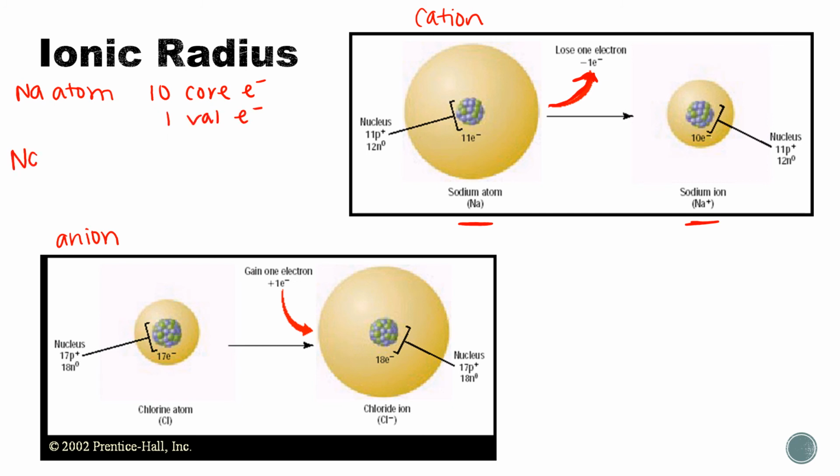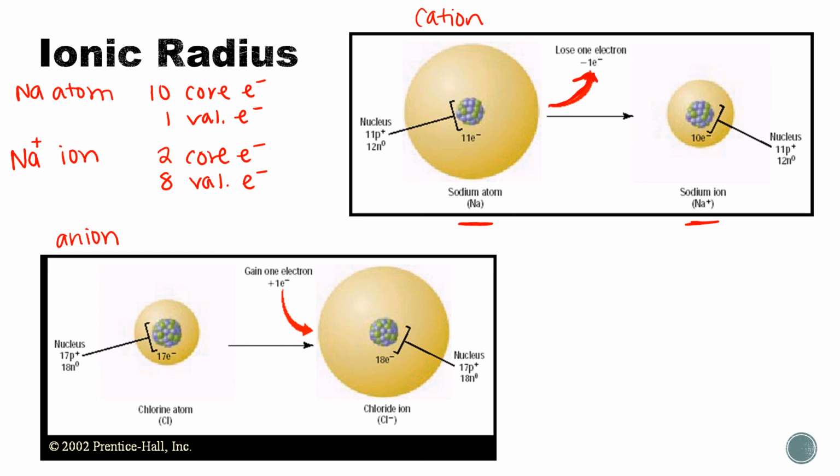But in the sodium ion, we have 2 core electrons and 8 valence electrons, which I'm going to abbreviate to VAL. So those valence electrons that we have in the sodium ion are going to be able to overcome the 2 core electrons it has, which means that outer shell is going to end up getting closer to the nucleus.